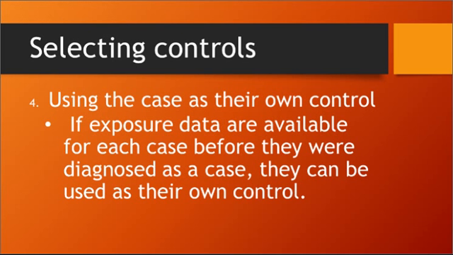The fourth thing that we can use to select controls is we can use the case as their own control. This sometimes happens if we know exposure data prior to a case's diagnosis. For example, if we're looking at do certain medications potentially lead to a certain type of, let's say, heart disease, we might know when the person was diagnosed with that heart disease, and then we could look back in their medical records to see were they ever prescribed a specific drug.